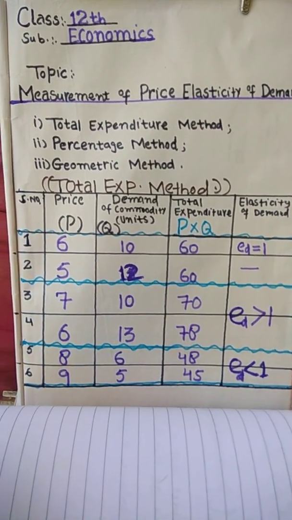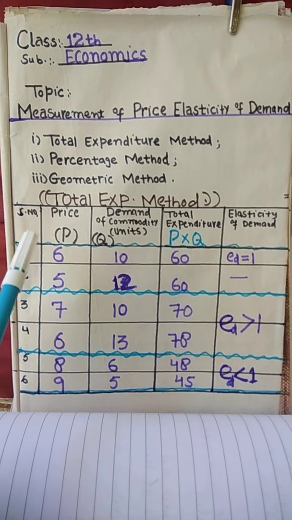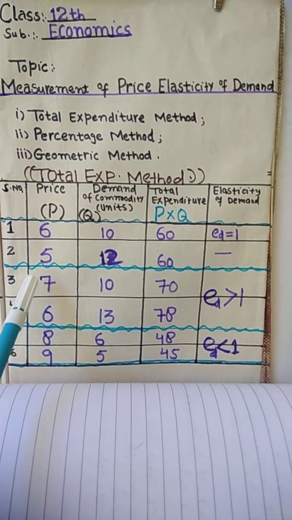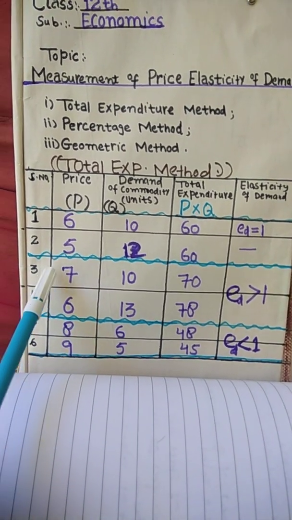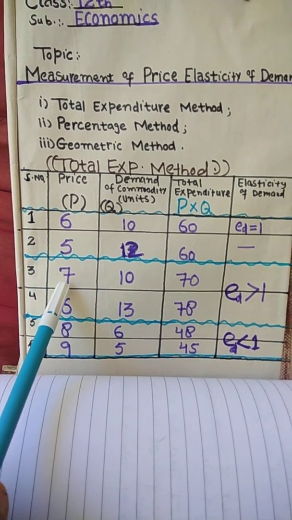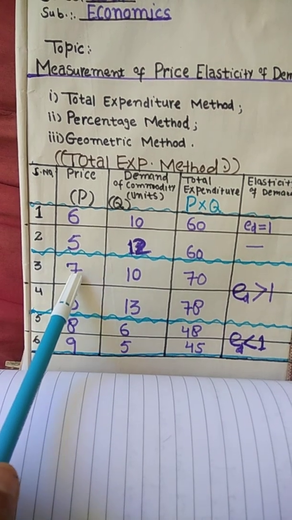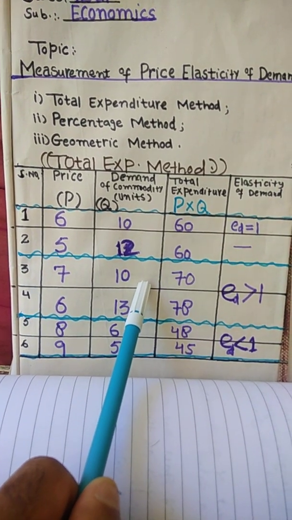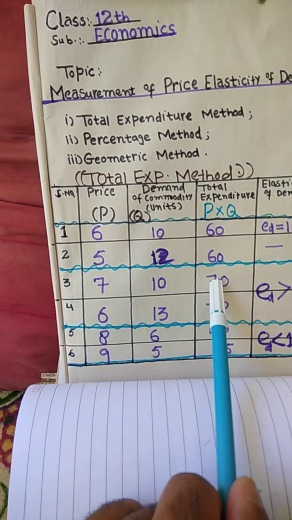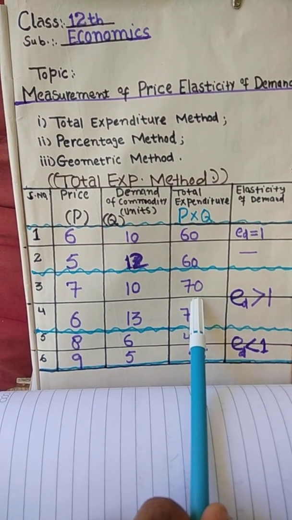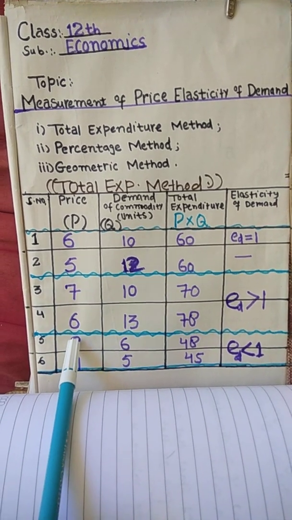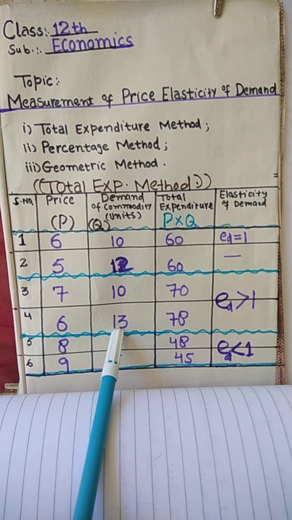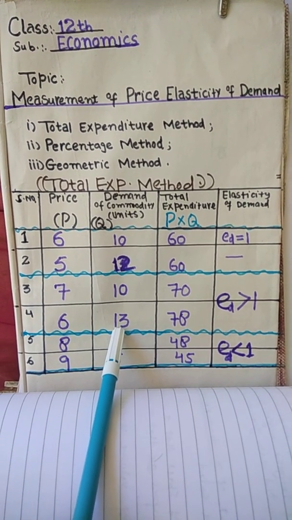which I have already taught you, how we can represent elasticity on a graph, in the previous lecture. Now dear students, you may see here entries 3 and 4. Here you can see that when the price was 7 rupees per unit, the consumer demanded 10 units, and his expenditure was 70 rupees. However, when price falls to 6 rupees, he demanded 13 units of commodity.